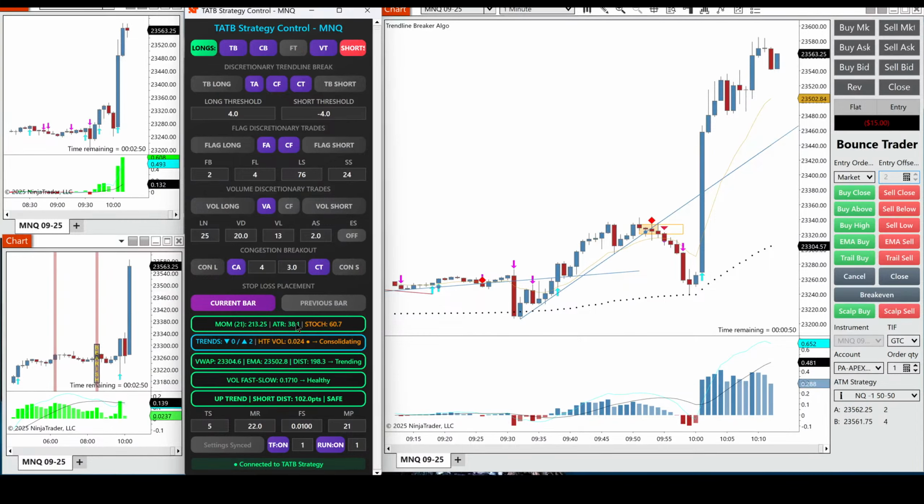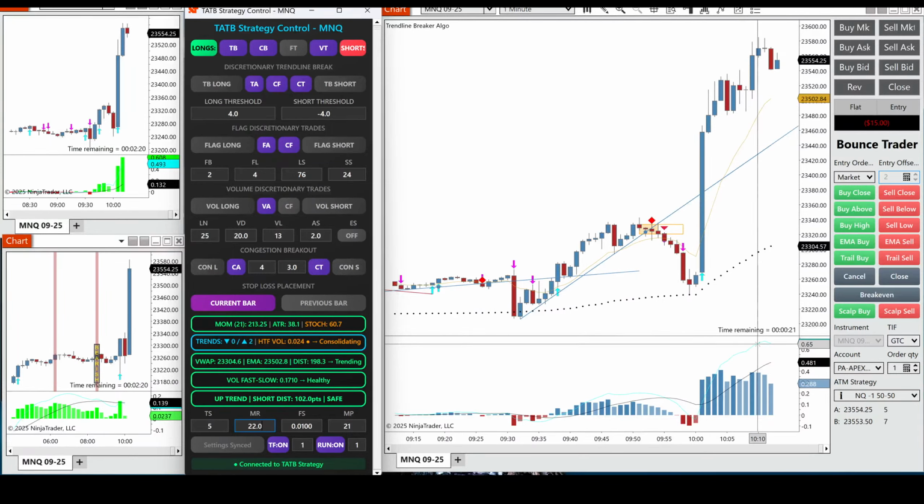But right now you see this ATR is 38 points, which is really high, and I've set max risk to only 22. So that's that. Yeah, just chilling out here and looking at what's going to be available.